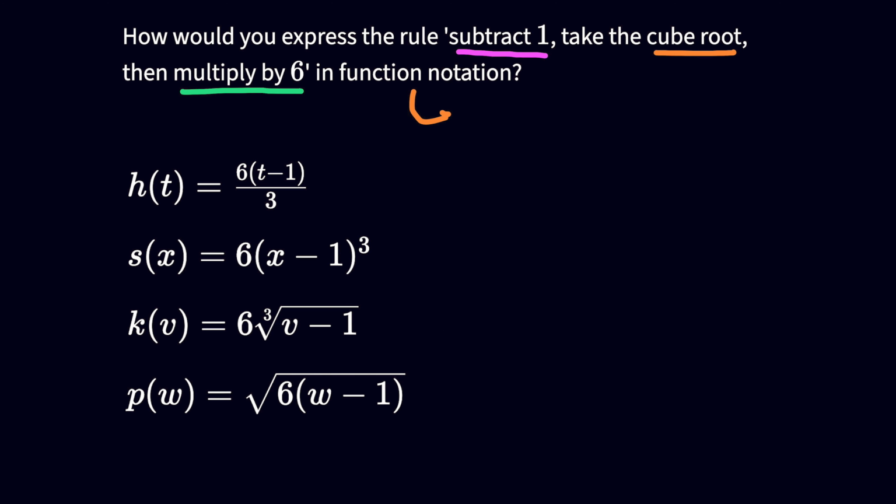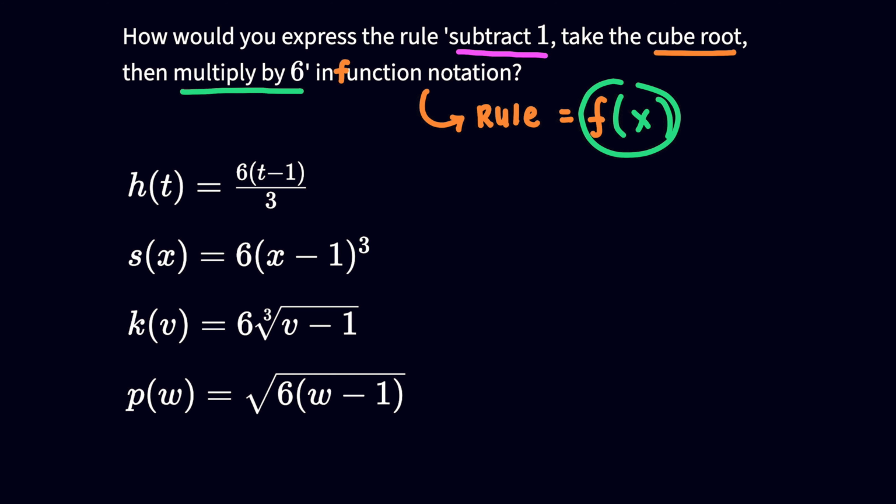Function notation is just a special way for saying that we're going to put a rule to a certain variable. Now, function notation, the number one function that you will know in class is the lowercase f. Lowercase f for function. And the variable that the rule or the function bosses around, majority of the time, is the x. So you probably have seen f of x over and over and over again.